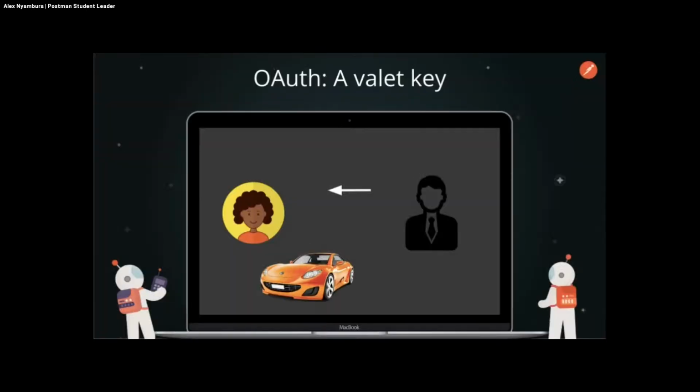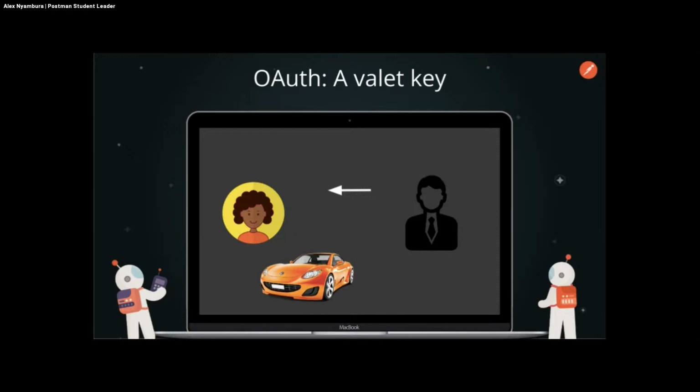I'll use an example of a valet key. A valet key, I normally see this in movies. I'm still a comrade, I have no car. During these big parties, you see someone driving a fancy car, and once they arrive at the doorstep, they give someone a key to go and park the car for them.